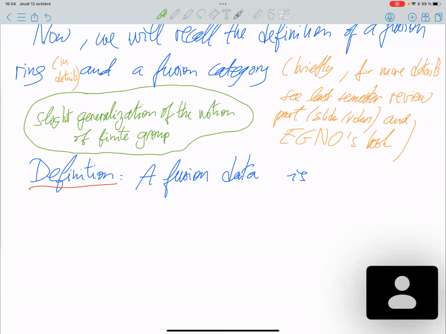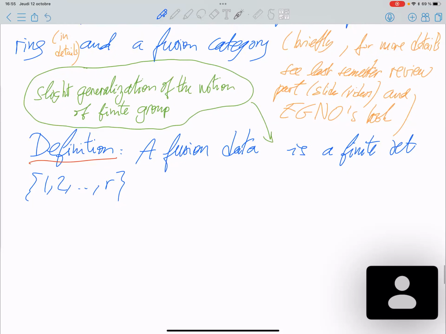So we have the notion of finite group, a finite set with some axioms. A fusion data is a finite set, 1, 2, up to R, satisfying some axioms, with an involution which generalizes the notion of inverse, and axioms of associativity, unit, inverse, etc. Generalizing the axioms of a finite group, but we will see that tomorrow.